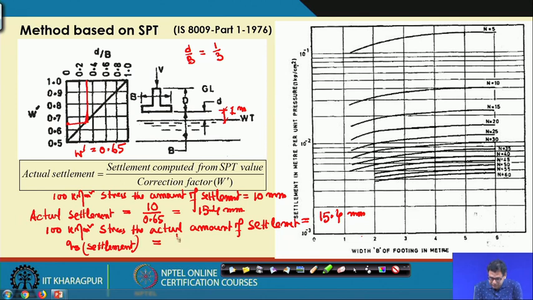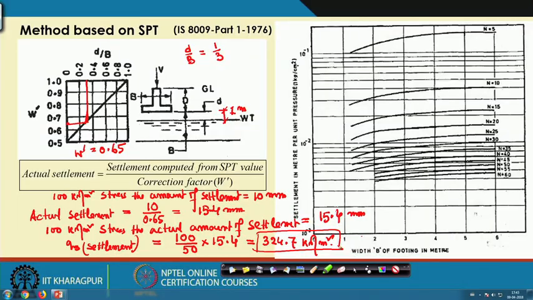So, this is 100 divided by 15.4 into 50. So, that gives 324.7 kilonewton per meter square.